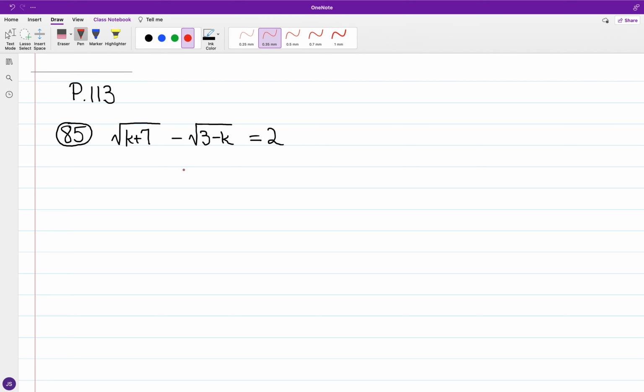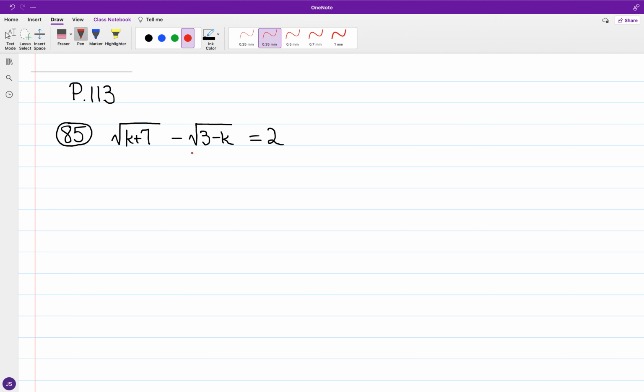For this setup, I can isolate either of the radical terms. Whenever you're working with equations that consist of two radical terms of the same type, like where both happen to be square roots, you want to isolate one of them, because if you square both sides, you're going to come out to the square root of k plus 7 times 3 minus k, and you'd be going from a complex problem to something even more complicated.